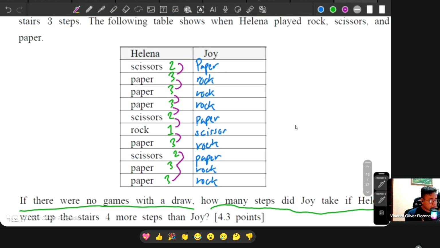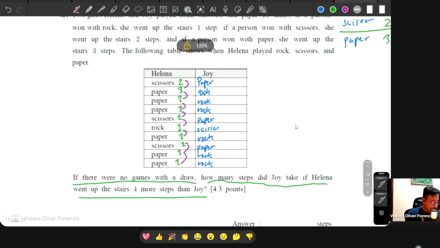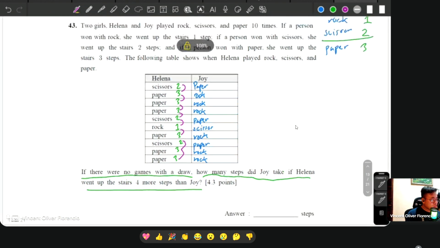Sorry, I get confused with that. Now this should be 8, 11, 14, 16, 17, 20. Okay, it should be 26 points in total.